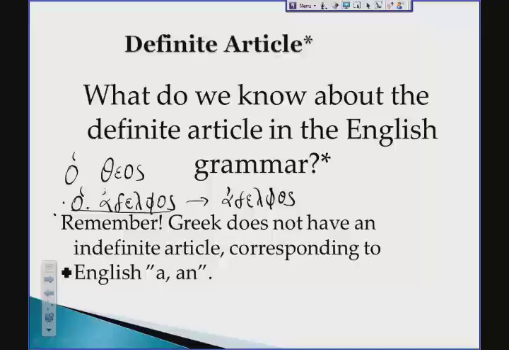But without the definite article in Greek, how do you read that? I'm waiting. If you have a suggestion, how do you read that? Yeah, translate it for me.